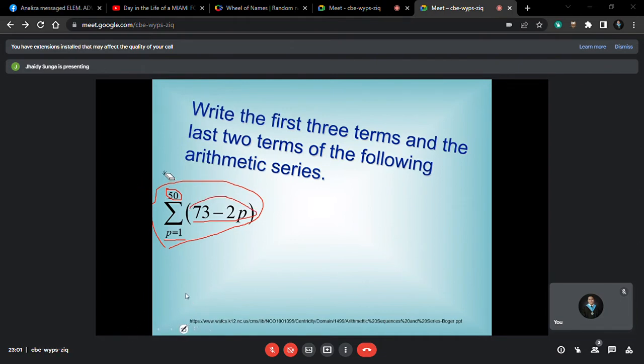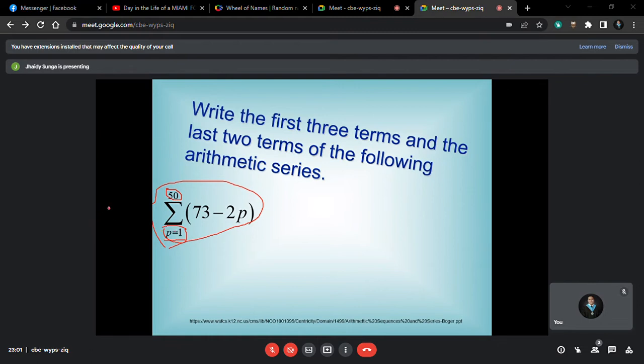The first thing we need to remember is, if we see summation notation regarding an arithmetic series, you will notice we have this value of p. So what is the value of p? We have p equal to 1.